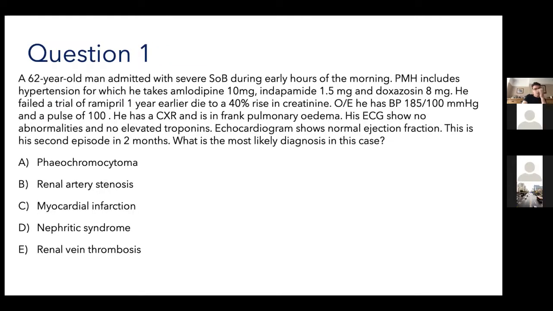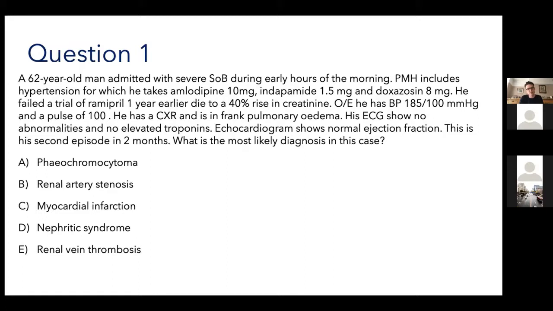Question 1. We've got a 62-year-old gentleman presenting with shortness of breath in the early hours of the morning. He's got a past medical history of hypertension. He's on amlodipine, indapamide and doxazosin. He failed a trial of ramipril 1 year earlier due to a 40% rise in creatinine. On examination, he's got high blood pressure and he's tachycardic.